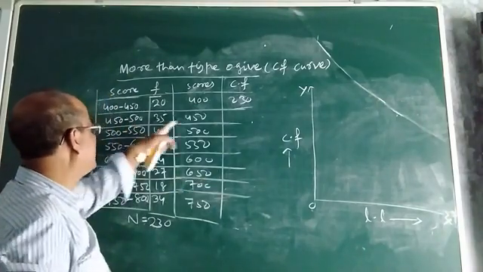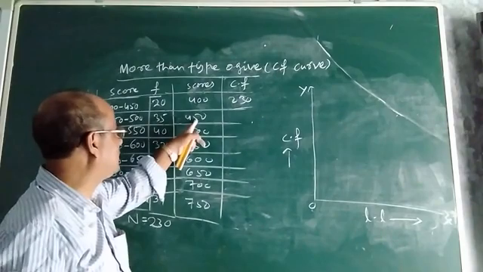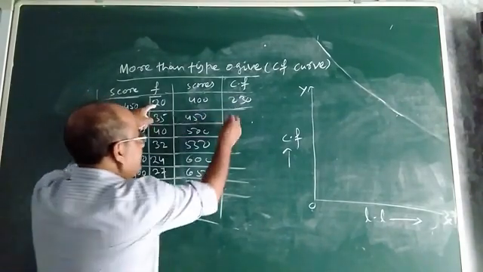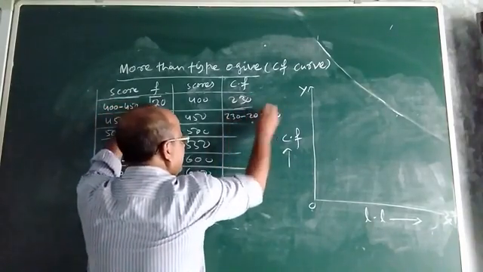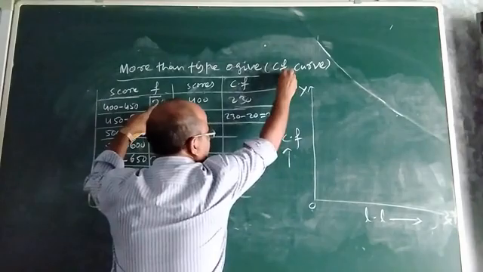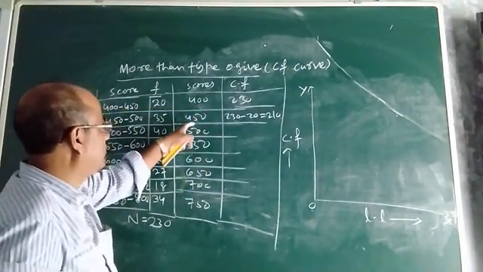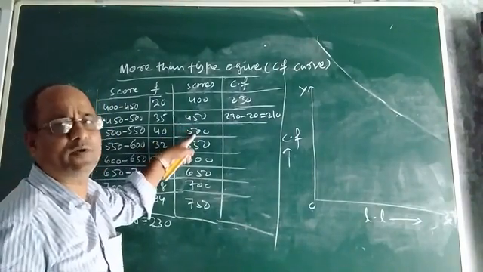Then what will be the cumulative frequency of 450? How to get it? 230 minus 20, it will be 210. Okay, now we got the cumulative frequency of 450. Now what will be the cumulative frequency of 500?